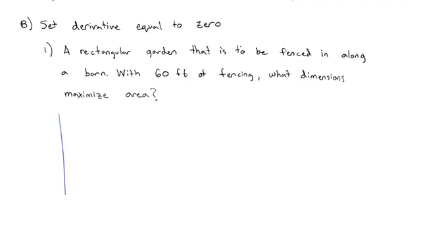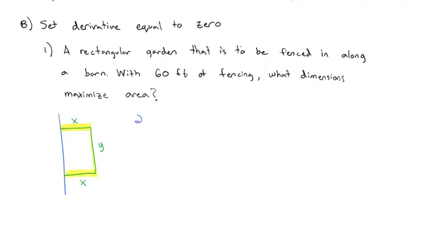The idea here is we've got some type of barn, and along it, we're going to fence in a garden. And we don't know the dimensions, so we'll call it x by y. And actually, this bottom dimension then also must be x, which means if I'm talking about how much fencing I have, I see there's an x, a y, and an x.